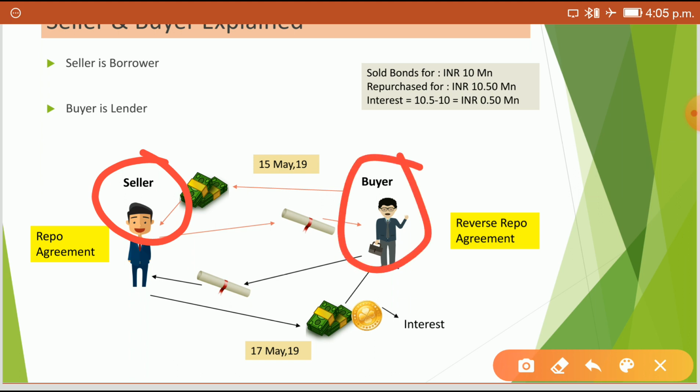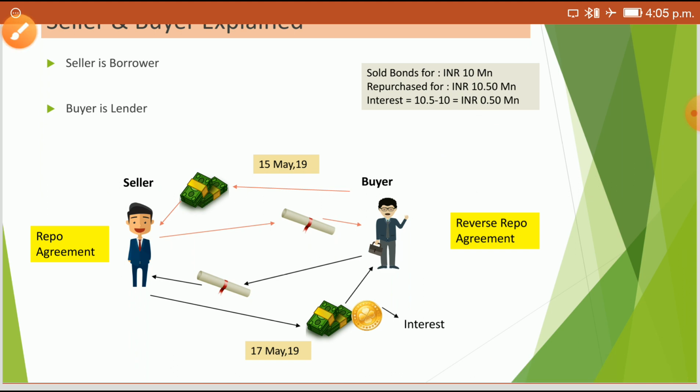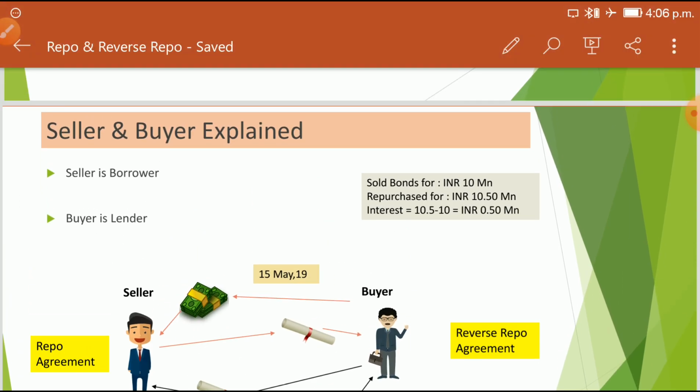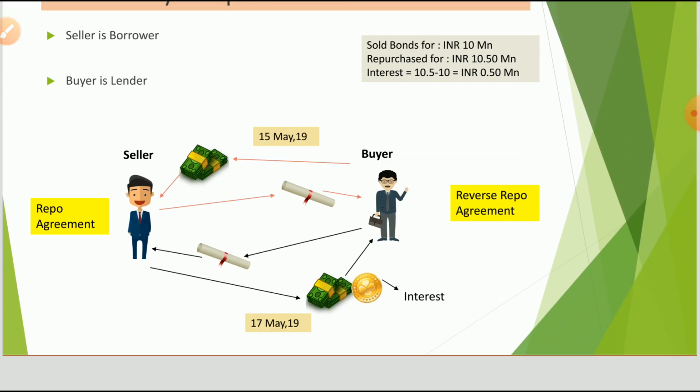And from the buyer's perspective, within 2 days he gets an interest of 0.50 million. So both the parties have had their purpose fulfilled. This is the way in which repo transactions happen. And what is reverse repo? The same transaction, when seen from the viewpoint of the buyer, is termed a reverse repo agreement.